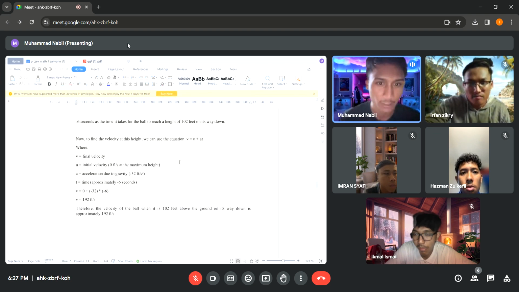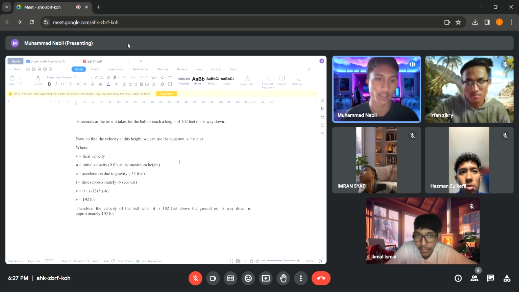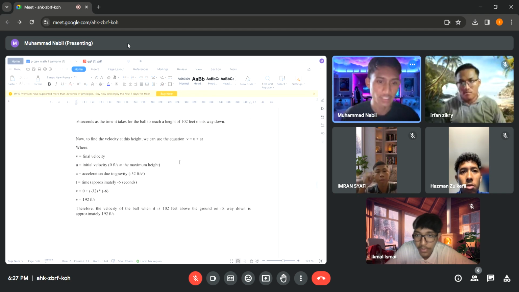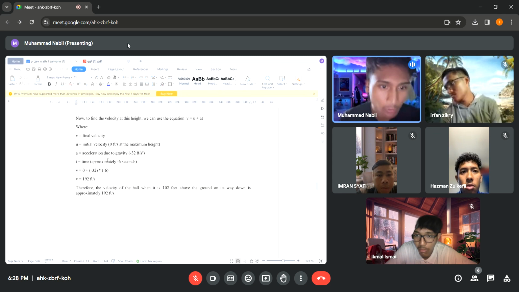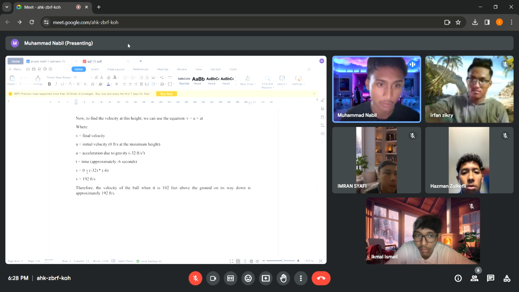Now to find the velocity at this height, we can use the equation v equals u plus at, where v is the final velocity, u is the initial velocity, a is the acceleration due to gravity, and t is time. After we have all of those values, we substitute in the formula and then we calculate.